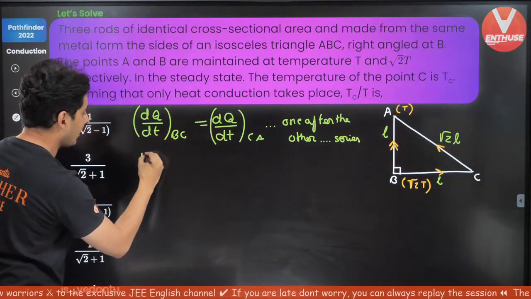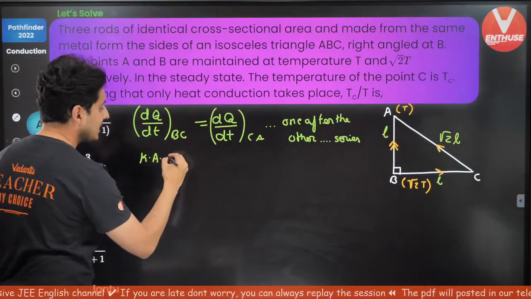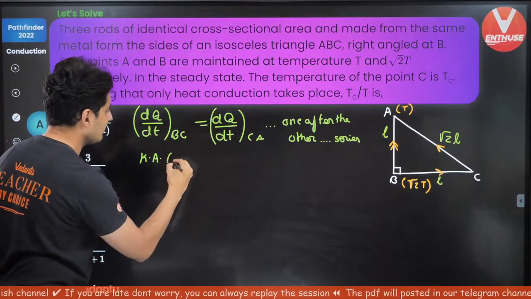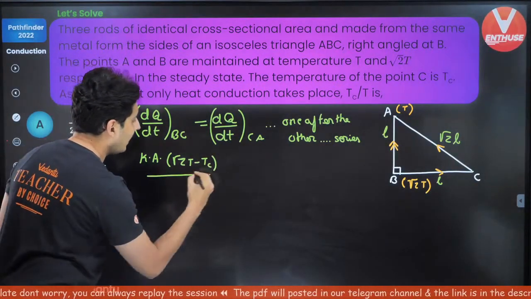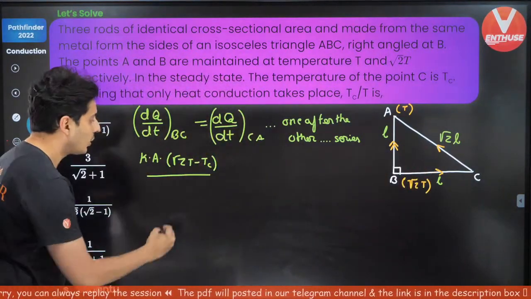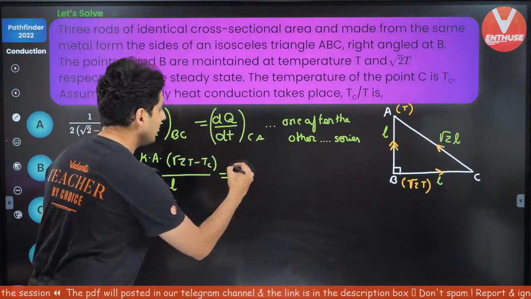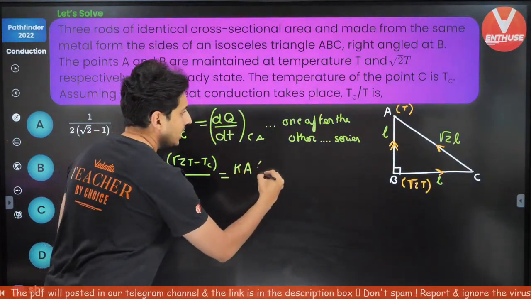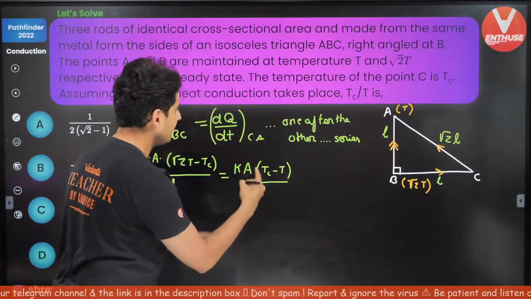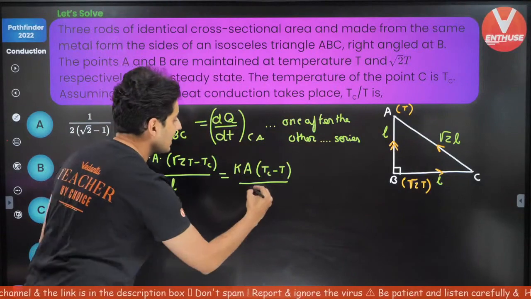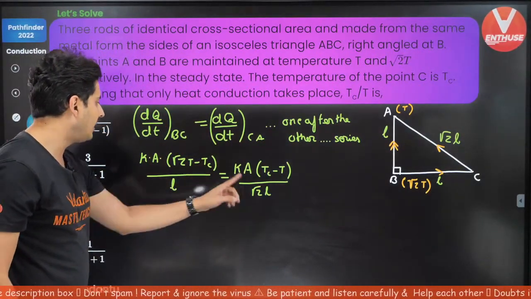dQ by dt is K into area into temperature difference, which is temperature at B minus temperature at C, which is root 2T minus Tc, divided by the length of that rod, which is L, is equal to dQ by dt from C to A. That will be K A times Tc minus T, the whole thing divided by the length of the rod CA, which is nothing but root 2 L. Now K goes, A goes, L also goes.